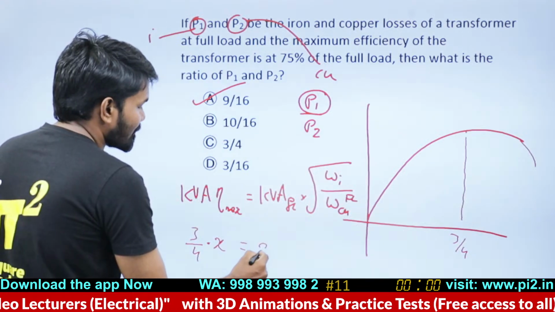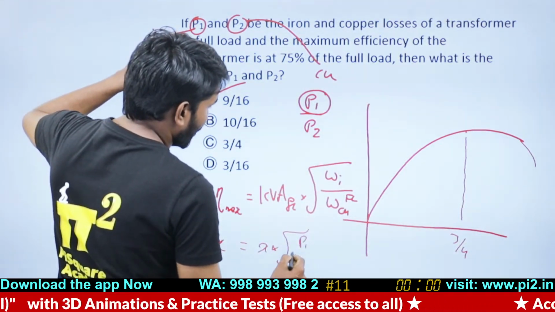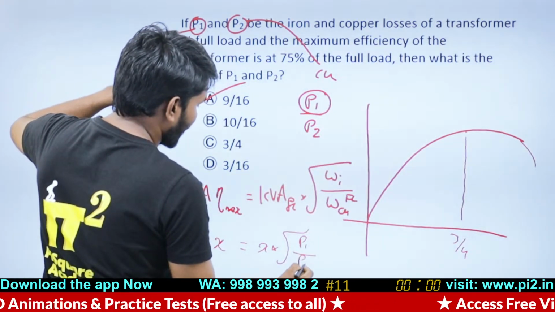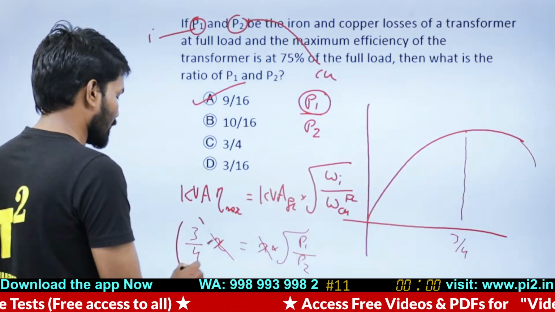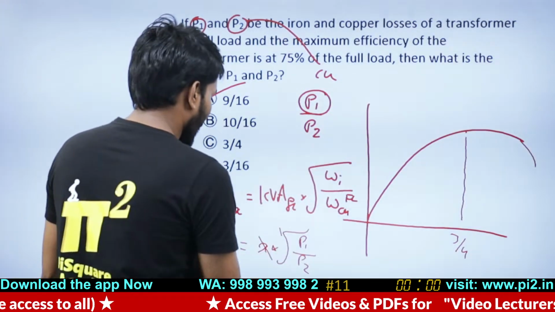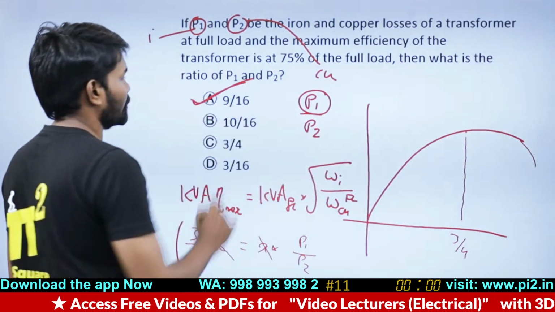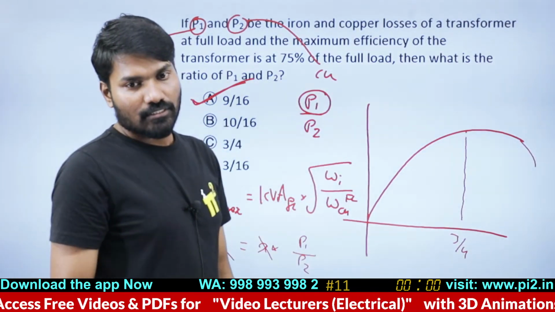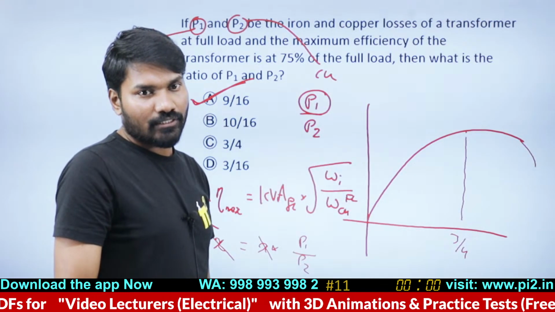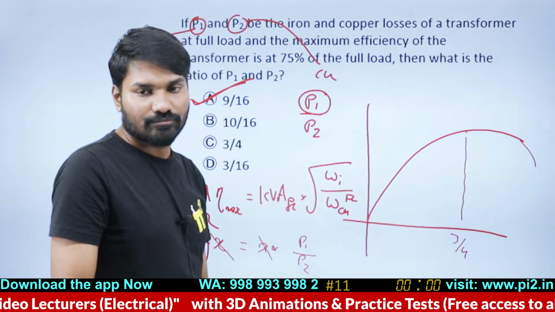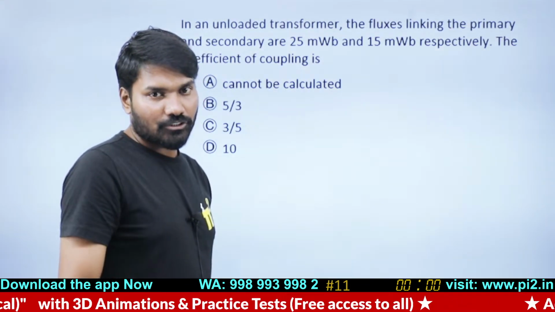Full load is x KVA times square root of P1 by P2. x cancels, square both sides, and P1 by P2 is the answer. Clear? Okay. Next question.